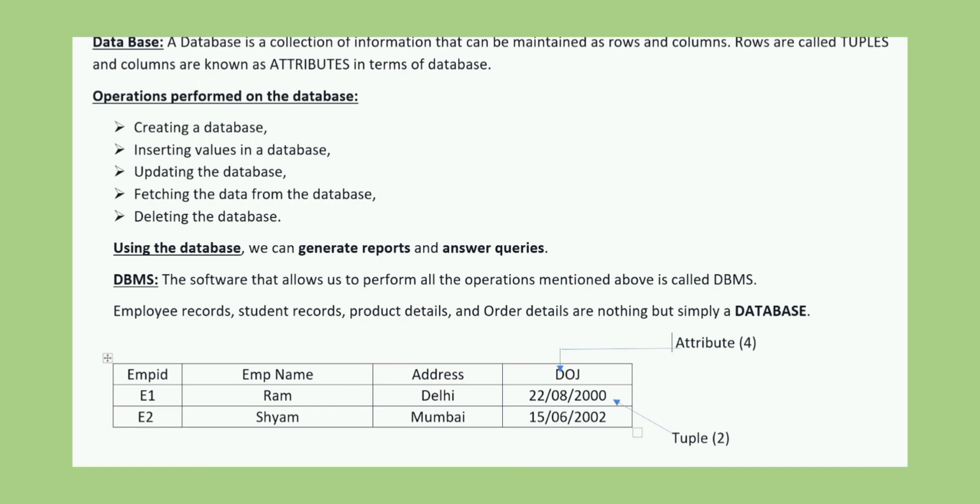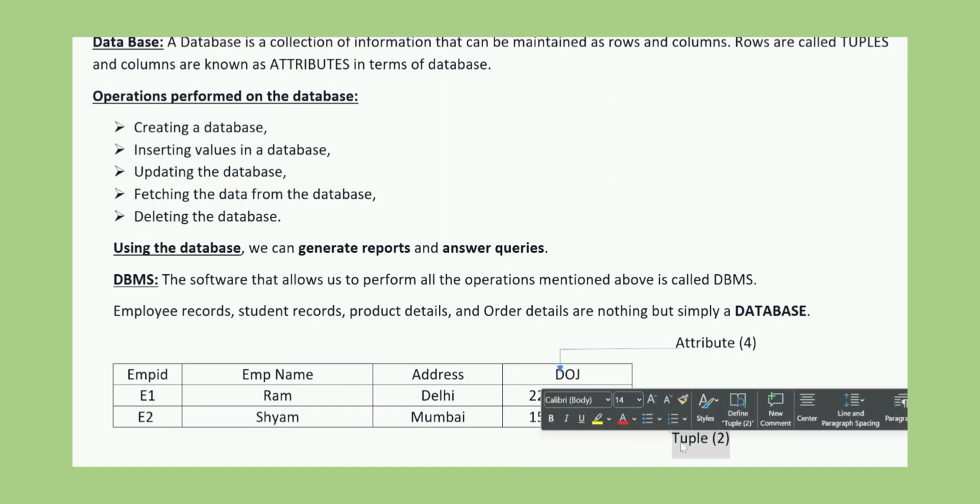It's not limited. In employee ID I have written E1 and E2. That is the information I have inserted, maintained in the form of rows. Rows are known as tuples in a database, so I have written tuple 2, that is, 2 rows in this employee table.